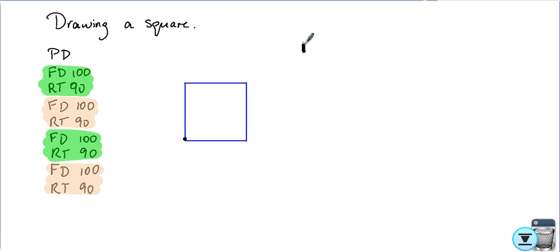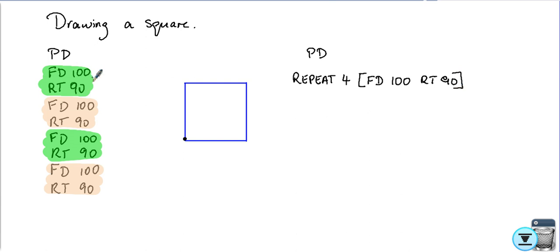So, it's again pen down. Then I'm going to say repeat 4 times, space, close brackets. What am I repeating? The turtle is repeating forward 100, right 90.